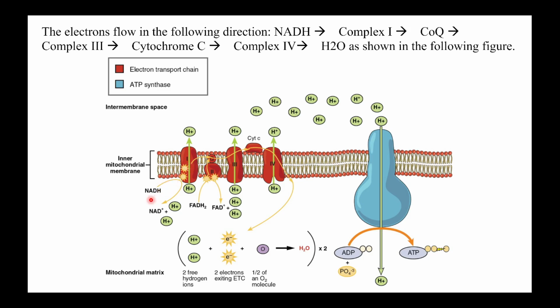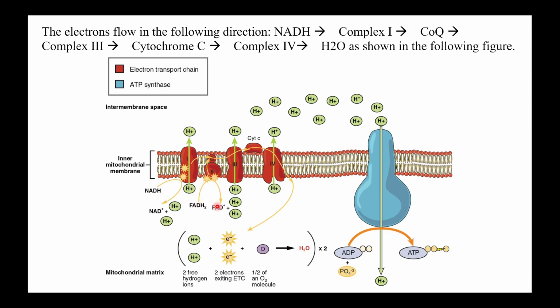That electron from NADH flows to complex 1. Complex 1 is NADH dehydrogenase. It's an enzyme. It will carry that electron and transfer it to coenzyme Q. Simultaneously, complex 2 will carry the electron from FADH2.